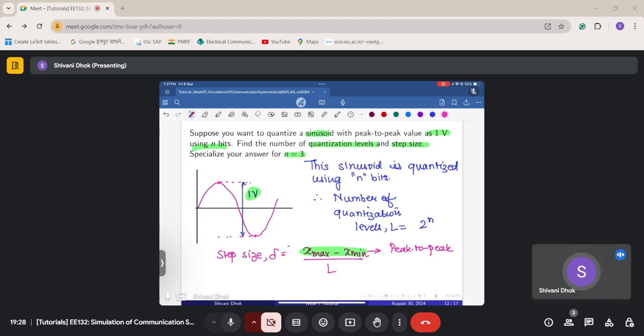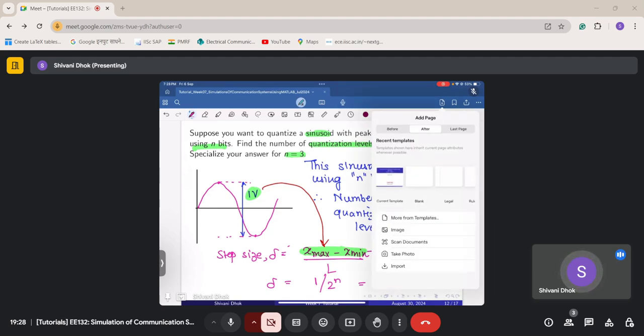So you can simply substitute 1 divided by L. That's what we substituted, and the number of levels is 2 to the power n, so the step size delta comes out to be 1 over 2 to the power n.